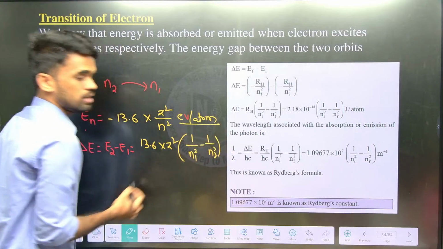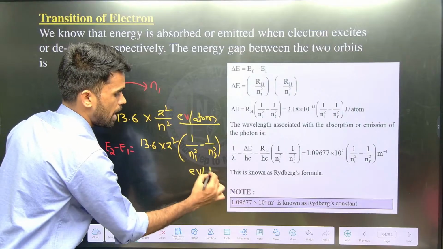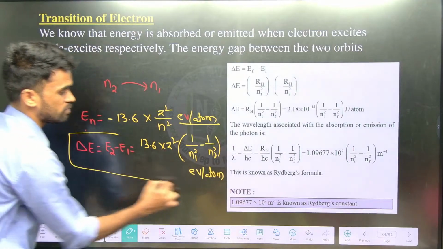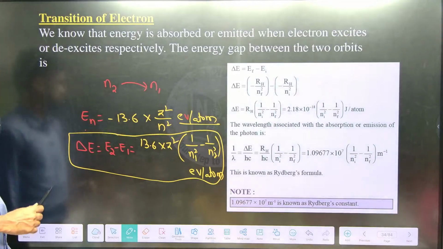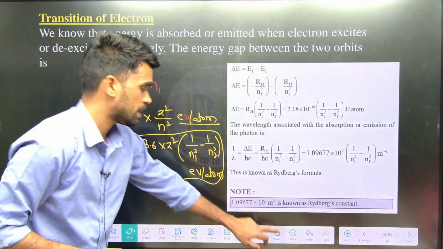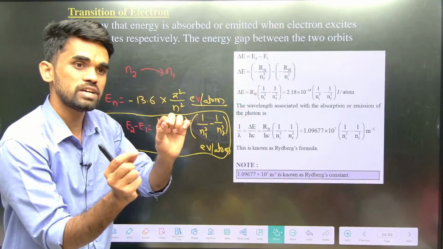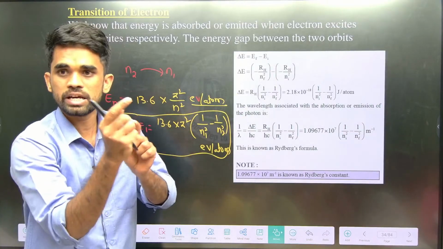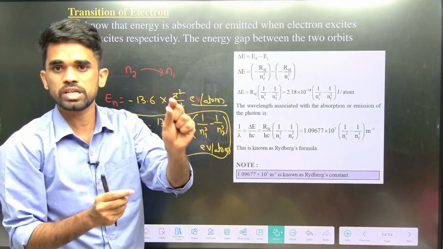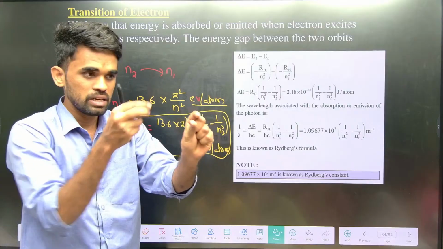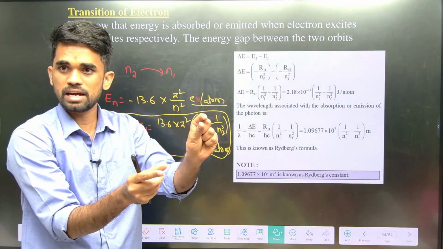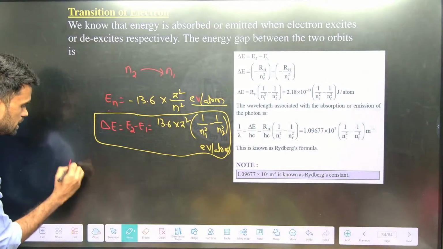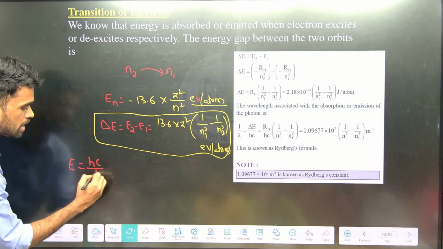Our answer should be in electron volt per atom. Each energy is associated with a frequency: E equals h nu. Frequency has some wavelength, so you can write E equals hc by lambda.